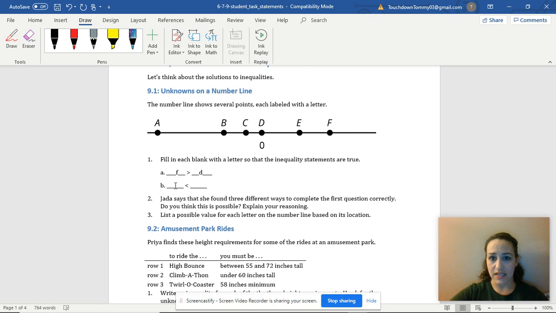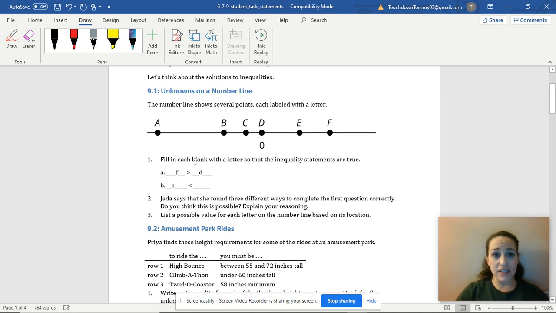As far as the number line goes, to the left side of the number line, the numbers are getting lower and lower and less. So I'm going to pick the smallest value since I want something small on the left side of that symbol. I'm going to go with A because A is the smallest value we've got. It's the furthest to the left of anything on this particular number line.